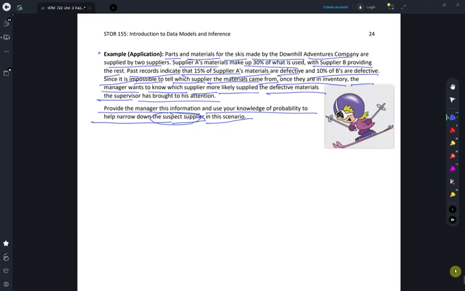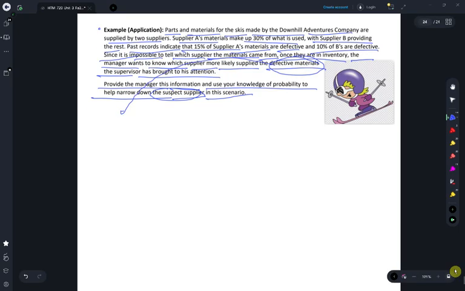To get that done, we're interested in who likely supplied a defective material. So let us take the first step of organizing all this information in a tree diagram. If I pick a random defective material, it could come from supplier A or it could come from supplier B. Supplier A makes up 30% of what is being supplied.